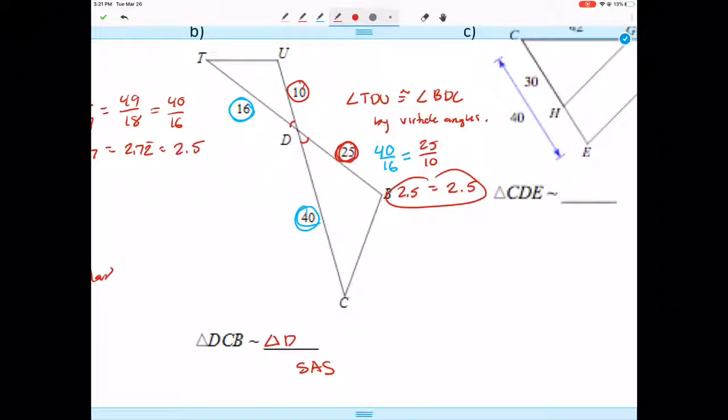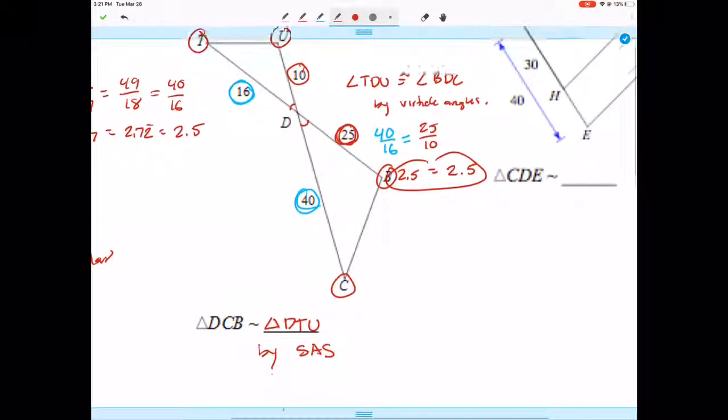D, what corresponds with C? It would be T. And what corresponds with B? It would be U. All right, so triangle DCB is similar to triangle DTU by side angle side.